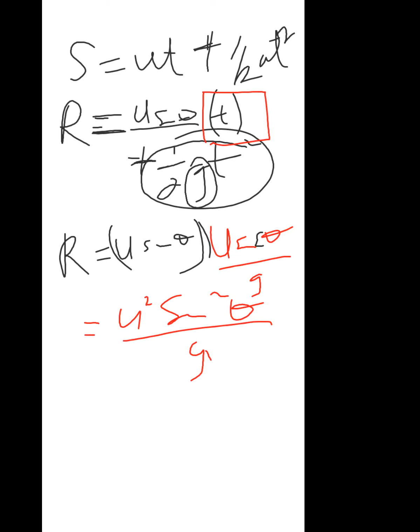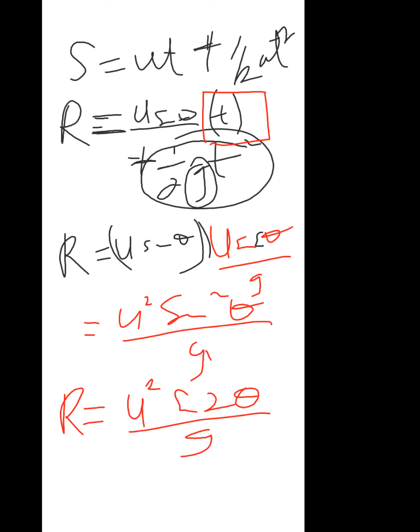So at the end of the day, you have something like this, and I want you to pay attention to this. This expansion will give us u square sine 2 theta over g by the time you do this. So this is the horizontal range.